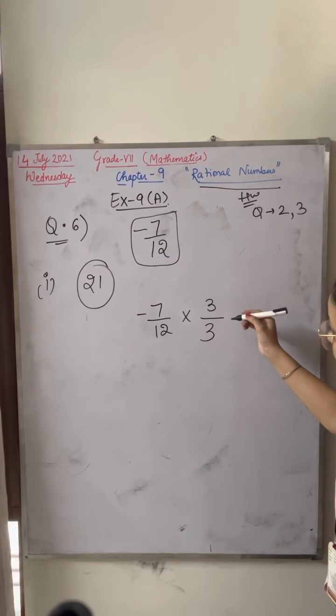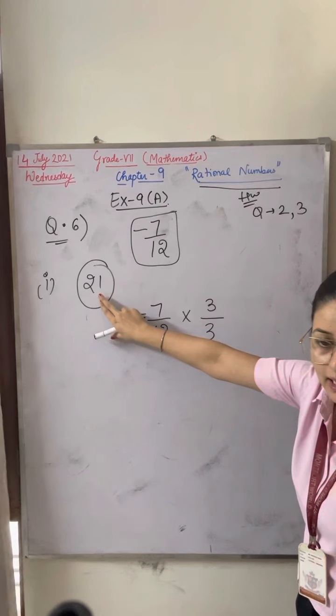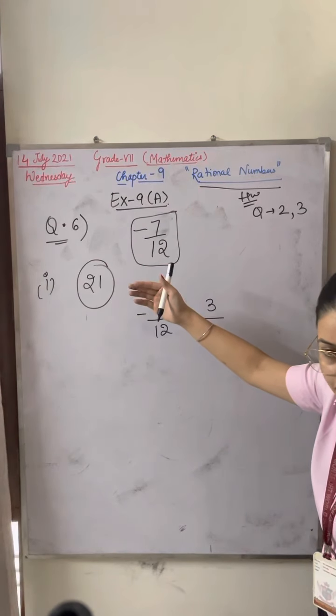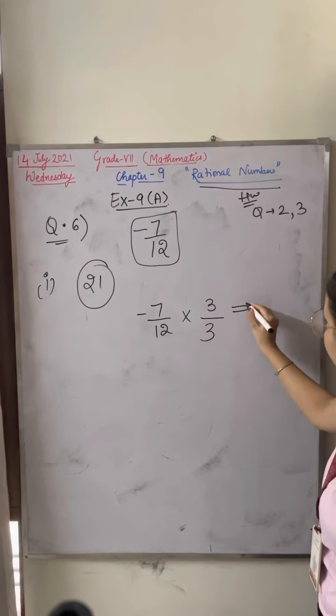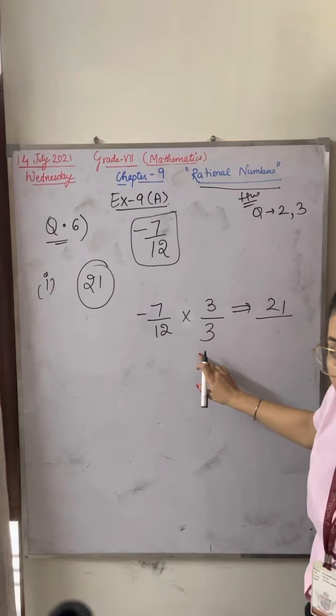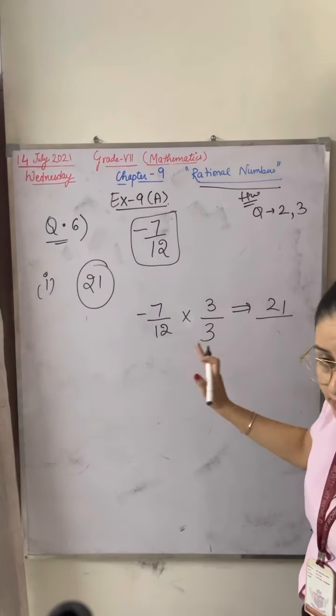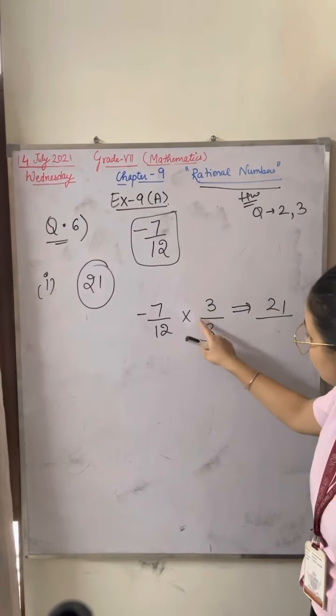Okay. So the question is, you have to make this the answer. How can you make it possible? You have to multiply by 3. 7 3s are 21. Then you have to multiply with the same digit in the denominator also. This is a rule. You can't ask, ma'am, why do you write this 3 here.